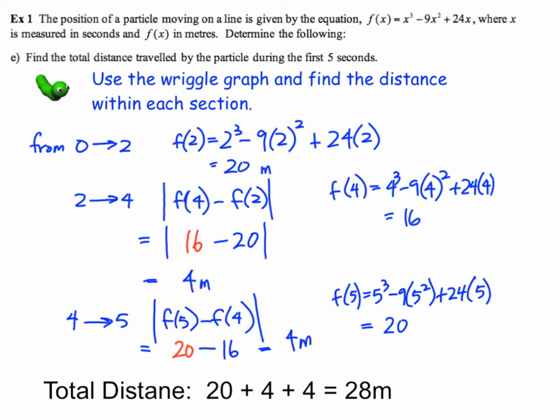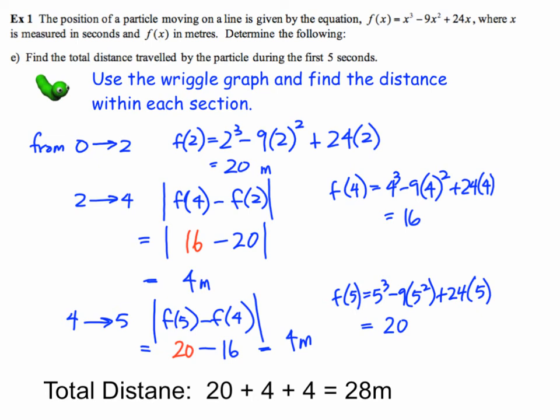Find the total distance the particle travels in the first 5 seconds. In order to do this, I need to find the distance within each section. From 0 to 2, I sub in 2 into the original equation, and I get 20 meters.